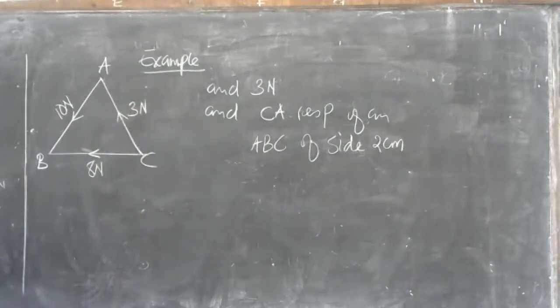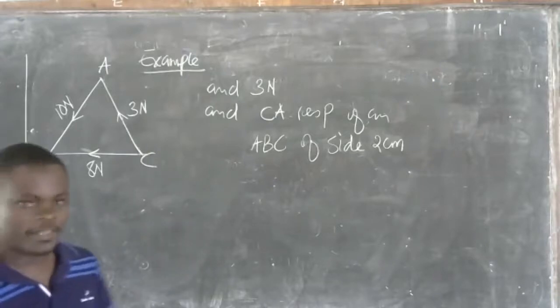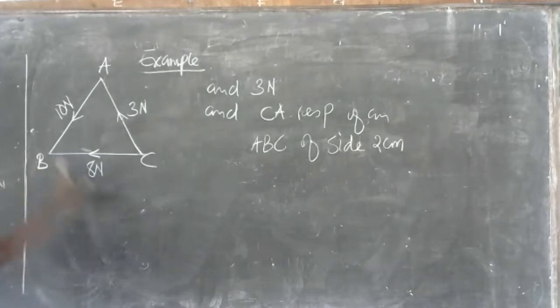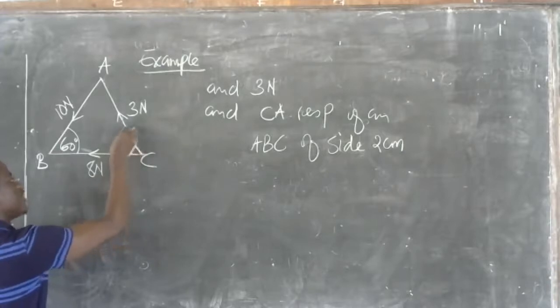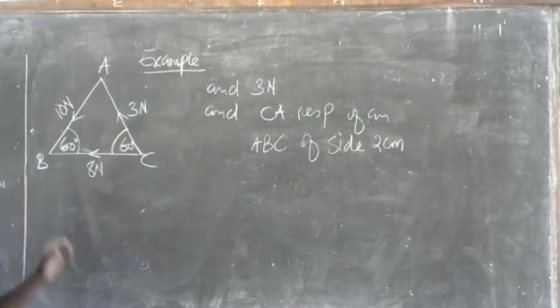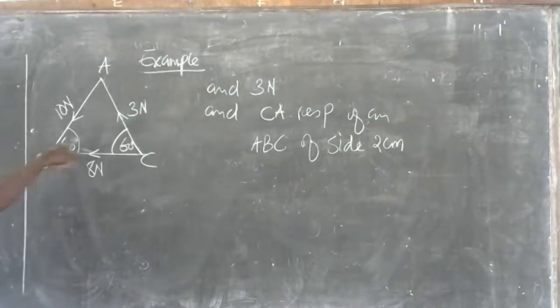Now this resolving is not difficult, but for the 10 and 3 we need an angle. But we have been told that the triangle is equilateral, so all angles are 60 degrees. To resolve the 10 Newton force, you need the 60 degrees here. To resolve the 3 Newton force, you need the 60 degrees there.